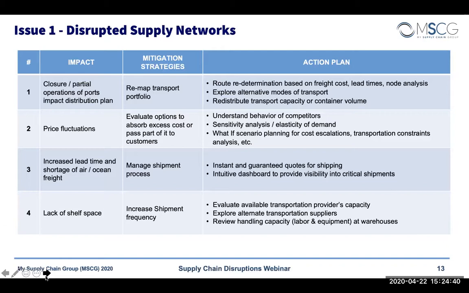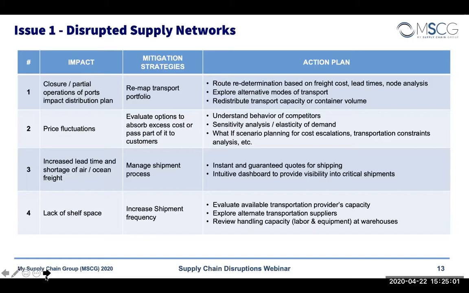And then increased lead times is another big impact, and having to try to proactively manage vendor and customer shipments. Being able to use alerts and dashboards for evaluating your critical components and your A products.